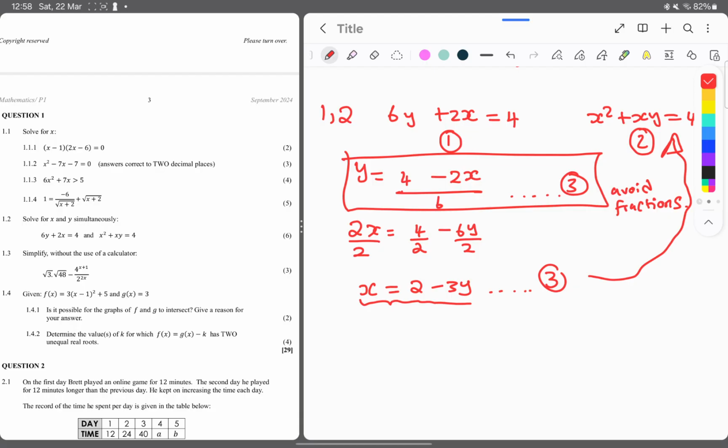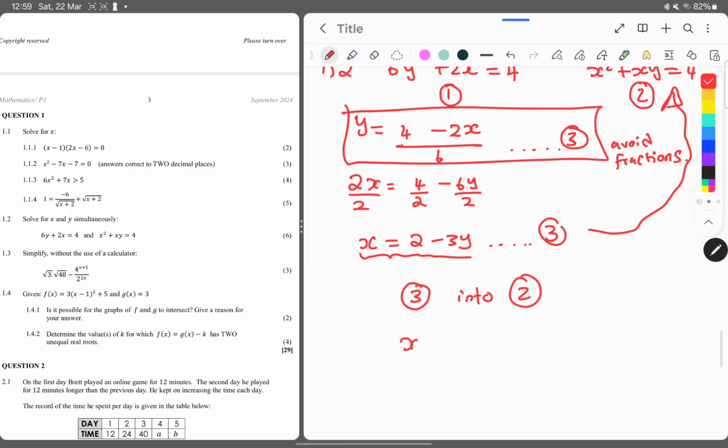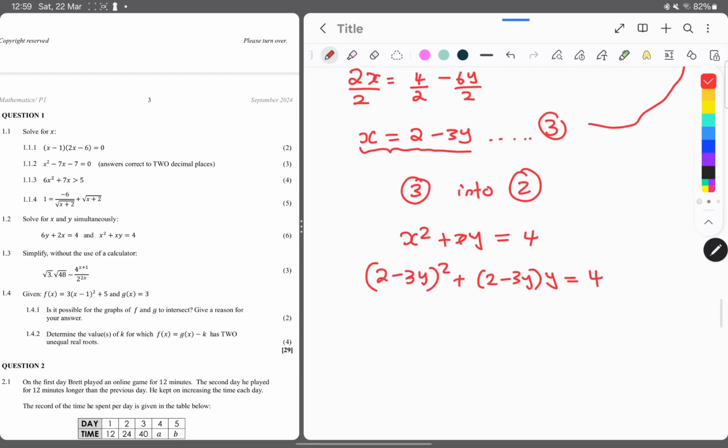So we've used 1 to make 3, so we're going to put 3 in 2. So it's 3 into 2, and we'll have x squared plus xy equals 4. And then we put x, it's 2 minus 3y. Every time you substitute, put in brackets, plus 2 minus 3y multiplied by y equals 4.